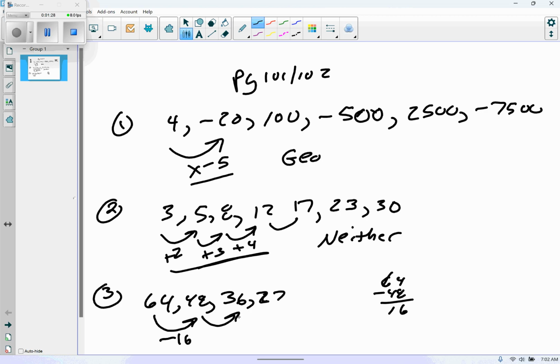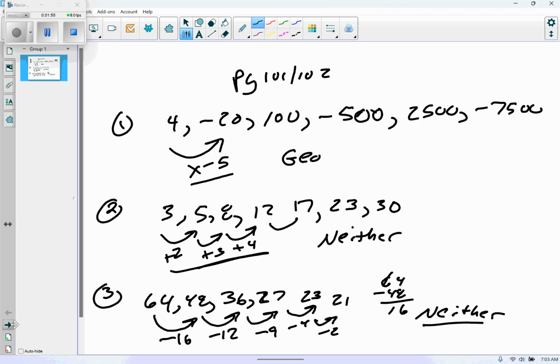And then that one's subtracting 12. And then that's subtracting, what is that? 9? It looks like the perfect squares, but I'm subtracting perfect squares. So that'd be -4. And then that would be -2. So that's not subtracting by a constant term either, so that's neither.